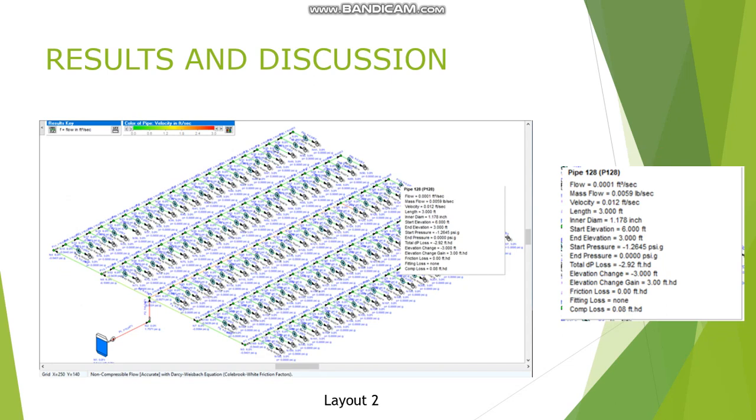And for the second layout, we obtained a flow of 0.0001 cubic feet per second, which means that the first layout is yielding a better flow at the furthest point of the system compared to layout 2.